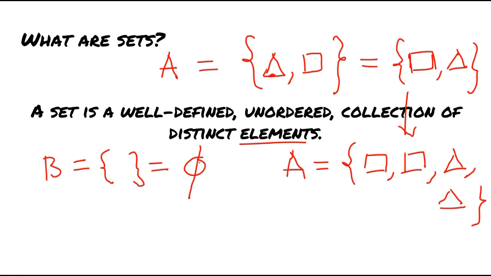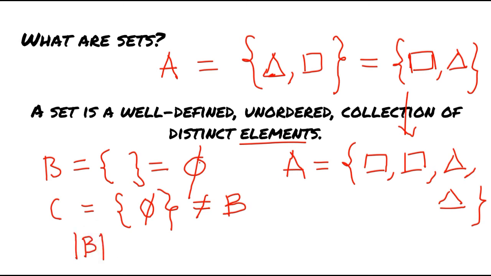How about, is this equivalent to, say, set C with this symbolism? And basically this is not equal to set B. The reason is, for example, the cardinality of set B is a null set, so the cardinality is 0.